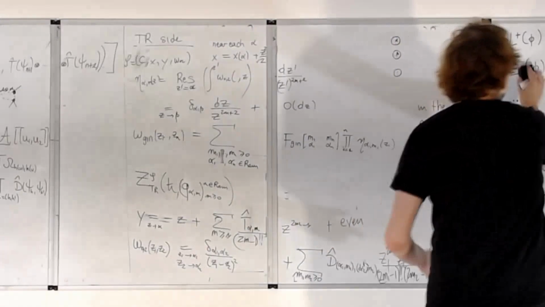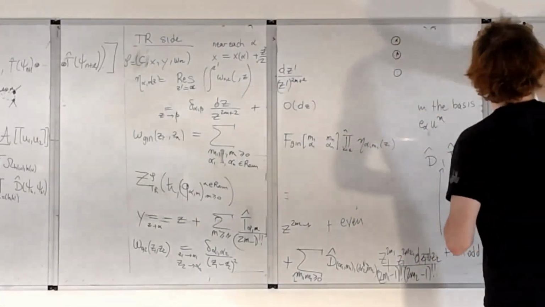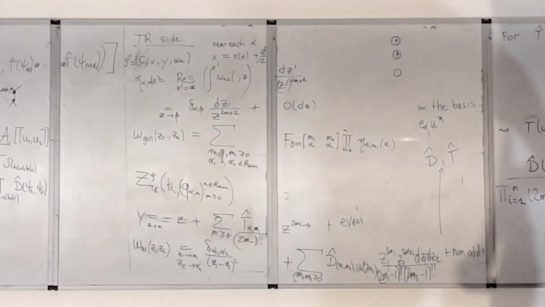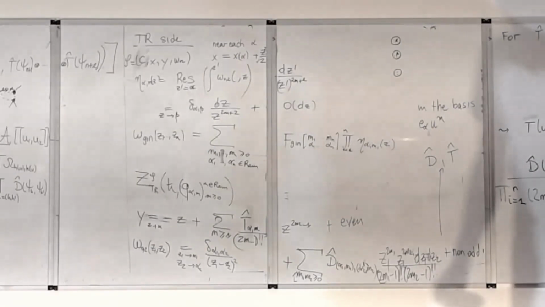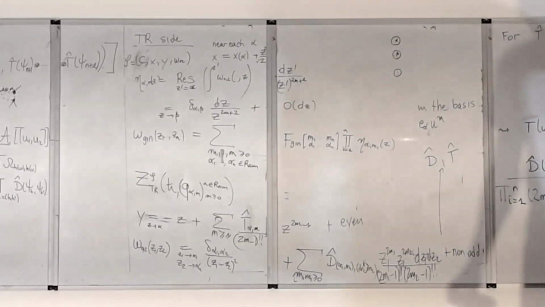So for d hat, t hat all equal to 0, you get independent Airy spectral curves, one for each ramification point.